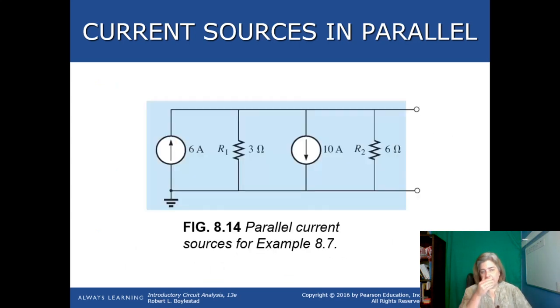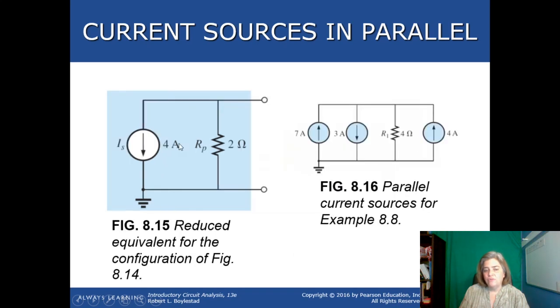Okay, so what happens when we have current sources in parallel? Well, just like our voltage sources in series, these can be combined. So if we have 6 amps pushing current in the upward direction and this current source forcing current in the opposite direction, what do you think the net current supply would be for the circuit? 6 up and 10 down would be a net of 4 down.